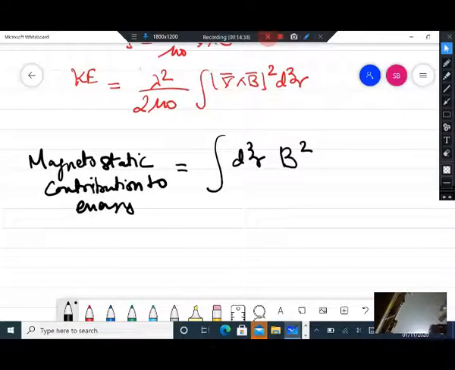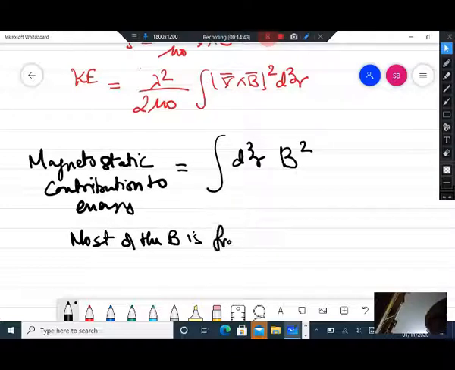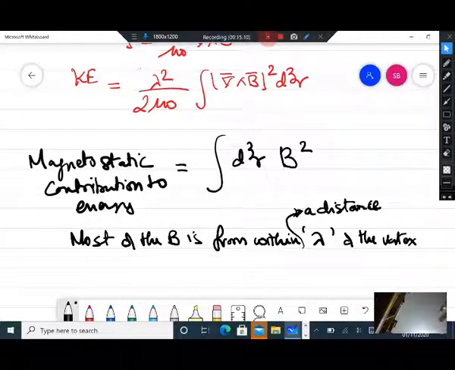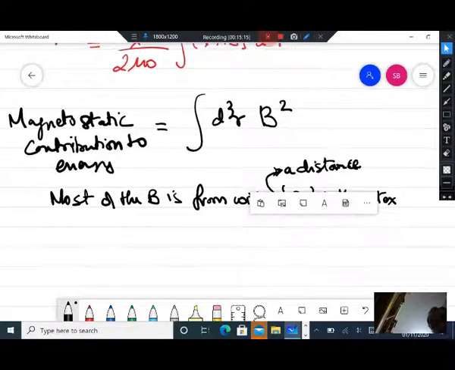Now we had already approximated that most of the B is from within a distance lambda of the vortex. So what is going to be this contribution? Let us approximate it.